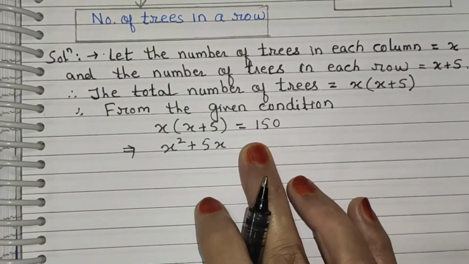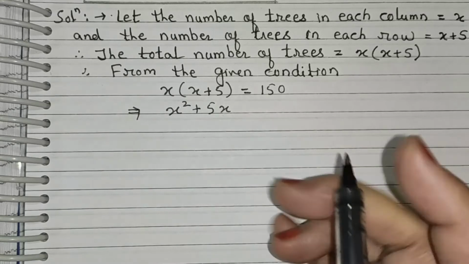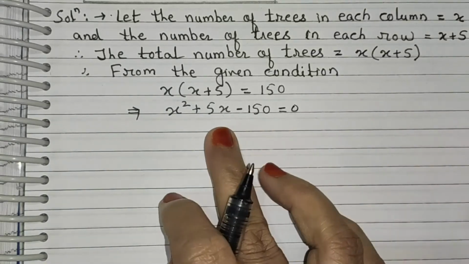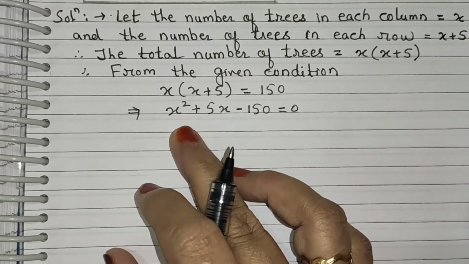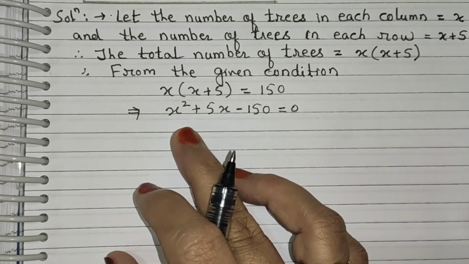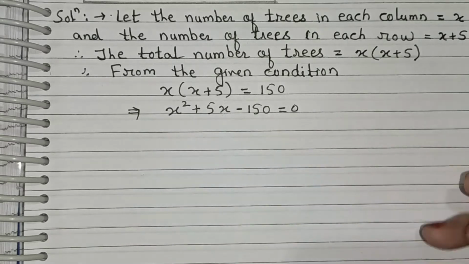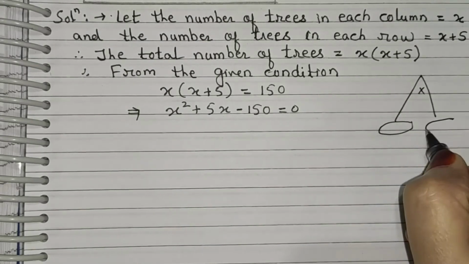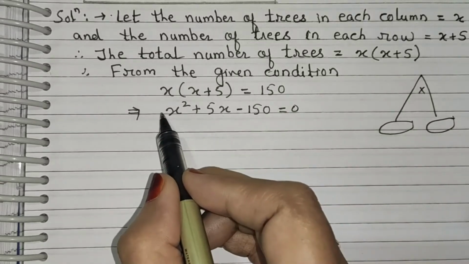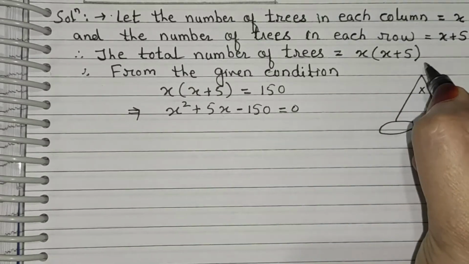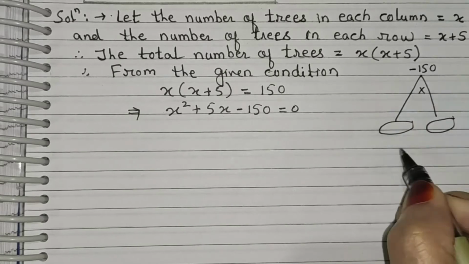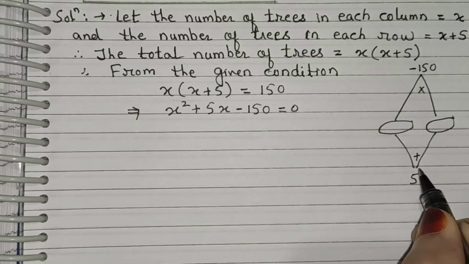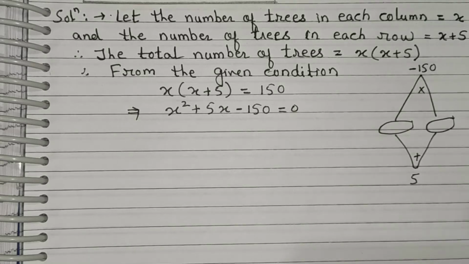Now shifting 150 to the left hand side, we get minus 150 is equal to 0. Now here we get the equation in the form of quadratic equation. Let us solve it by doing rough work. Now here product is coefficient of x square, 1, into minus 150 we get minus 150, and sum is coefficient of middle term which is equal to 5.